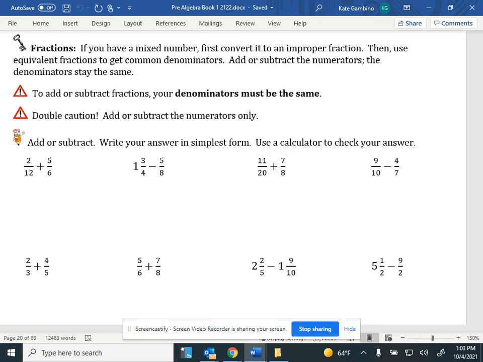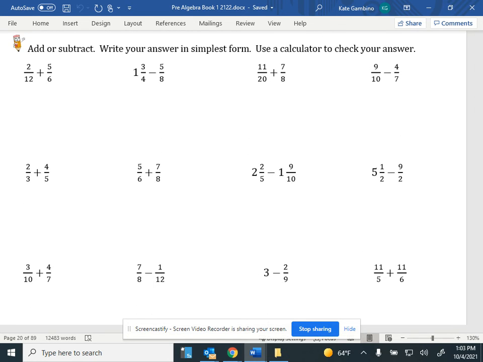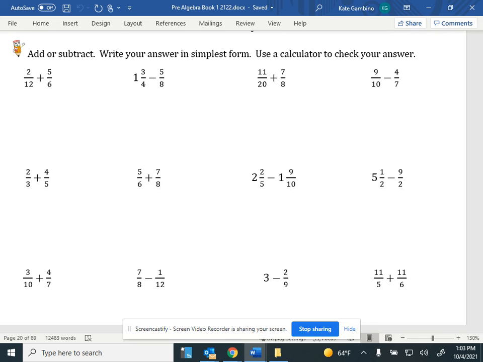So let's look at our first one. 2 12ths plus 5 6ths. What is my common denominator? Caitlin? 12. How did I go from 6 to 12, Caitlin? Whatever I do to my bottom, I have to do to my top.